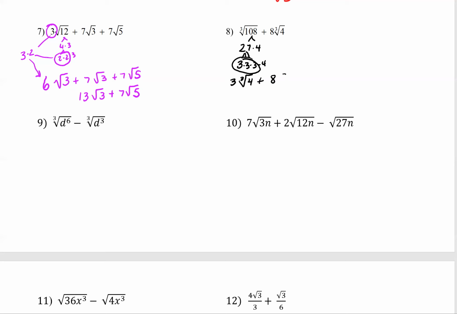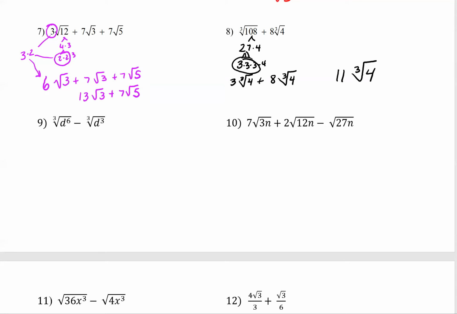And we have plus 8 cubed root of 4. They both have an index of 3, a radicand of 4. So we can add 8 plus 3. So our answer is 11 cubed root of 4.